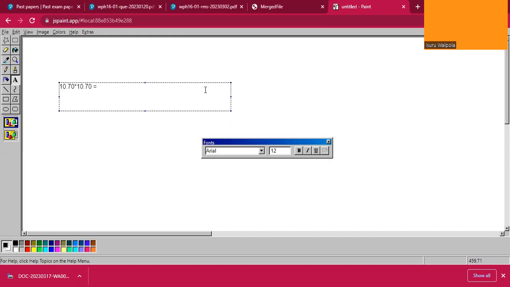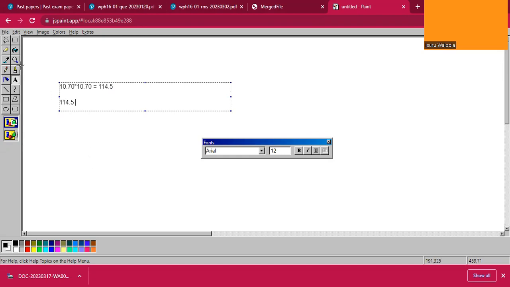If you find this value, it's 114.49. Since the values you use to calculate that are given to 4 significant figures, this cannot go beyond 4 significant figures. So ultimately, we have to make this into 114.5.